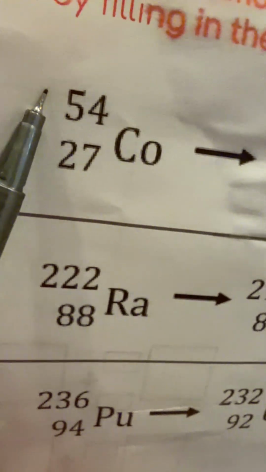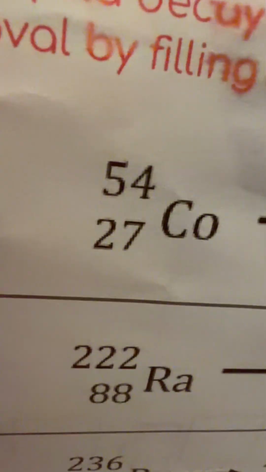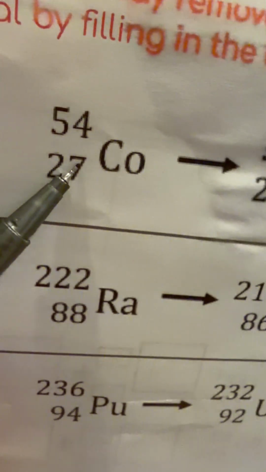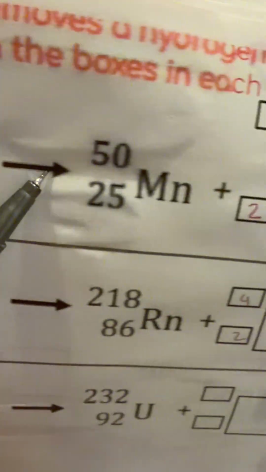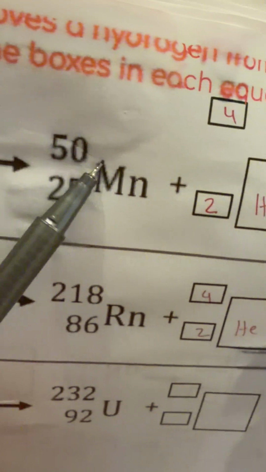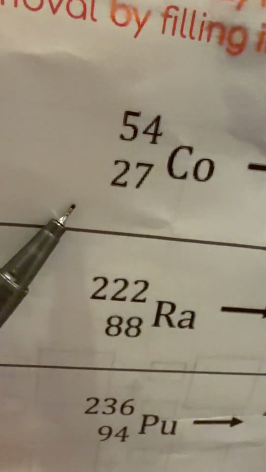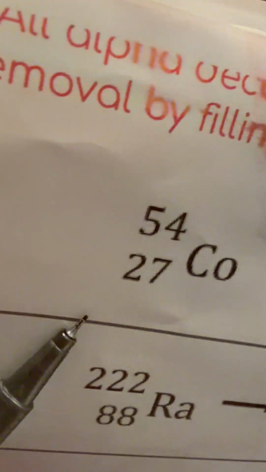Okay, so we have 54 as a mass number. That meant there was a total of 54 protons plus neutrons, but we took 2 protons away and 2 neutrons away, which means that the mass number should decrease by 4. So 54 minus 4, we have a mass number now of 50. And 27 protons minus the 2 protons that we took away, because helium has 2 protons, so 27 minus 2, we have 25.